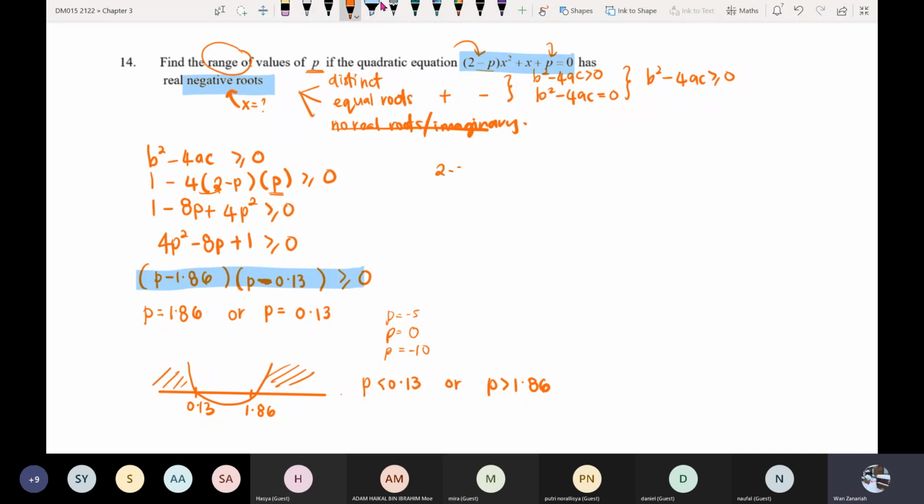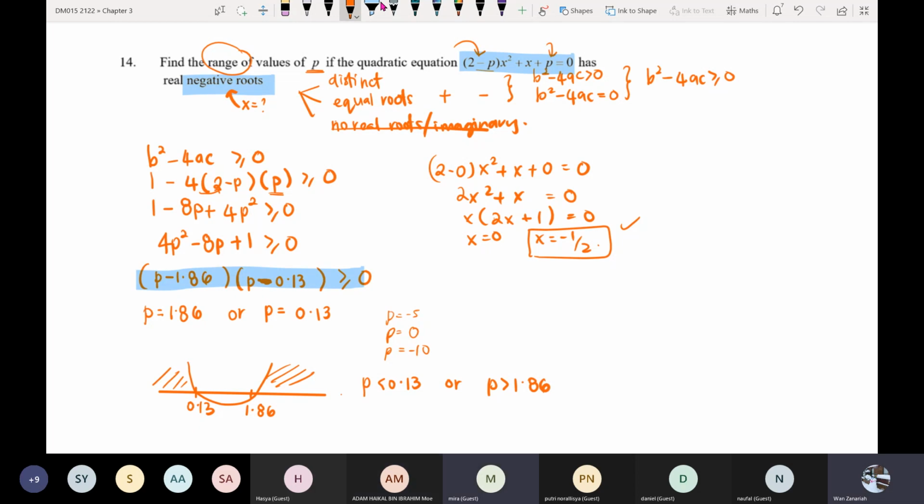Okay, masukkan 2 tolak kosong X square plus X plus 0 equals to 0. So kita dapat 2X square plus X equals to 0. So X, 2X plus 1. So dapat X equals to 0, dapat X equals to negative 1 over 2. Betul tak dia ada negative roots? Betul tak dia kata has real negative roots?